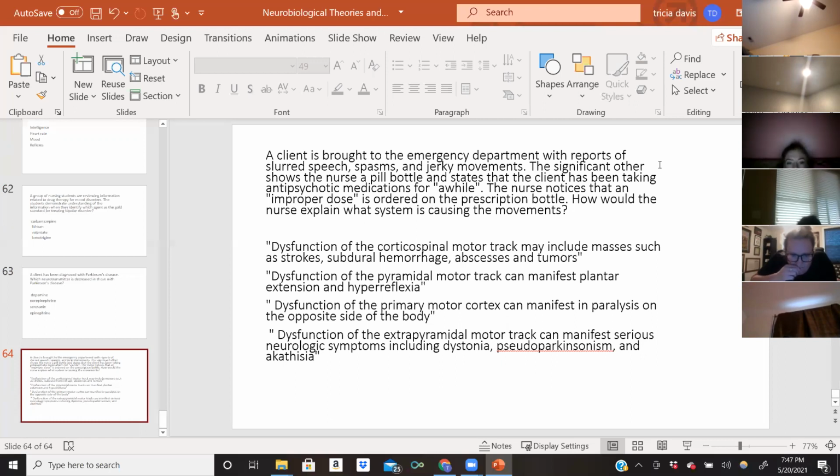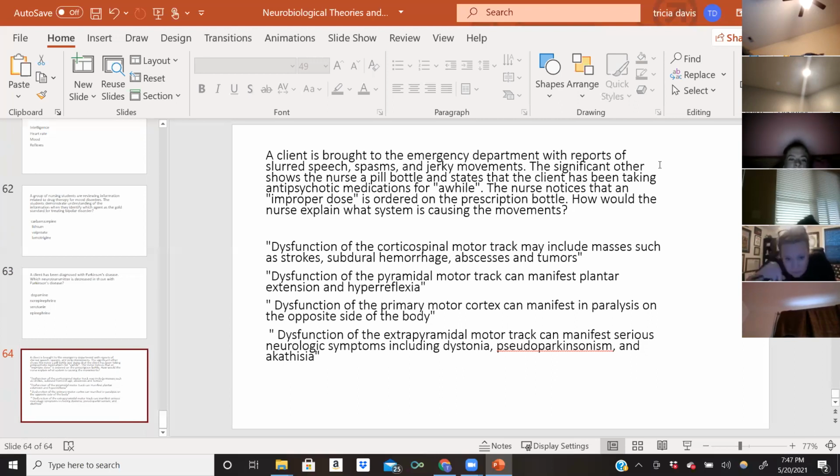Dysfunction of the corticospinal motor tract may include masses such as strokes, subdural hemorrhage, abscesses, and tumors. Dysfunction of the pyramidal motor tract can manifest plantar extension and hyperreflexia. Dysfunction of the primary motor cortex can manifest in paralysis on the opposite side of the body.